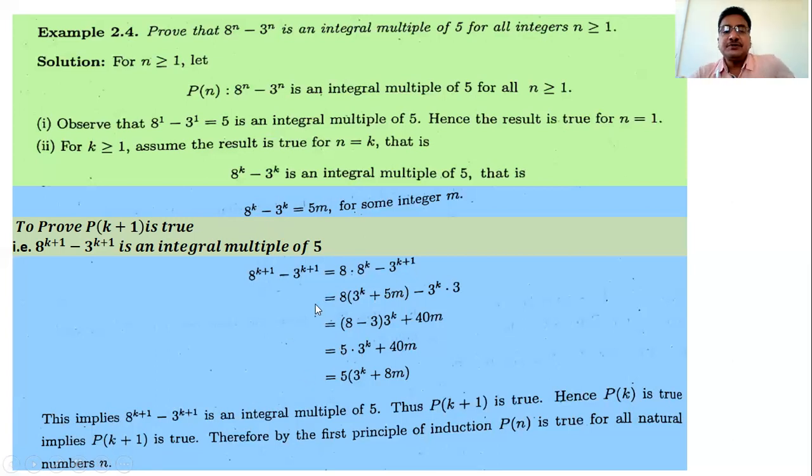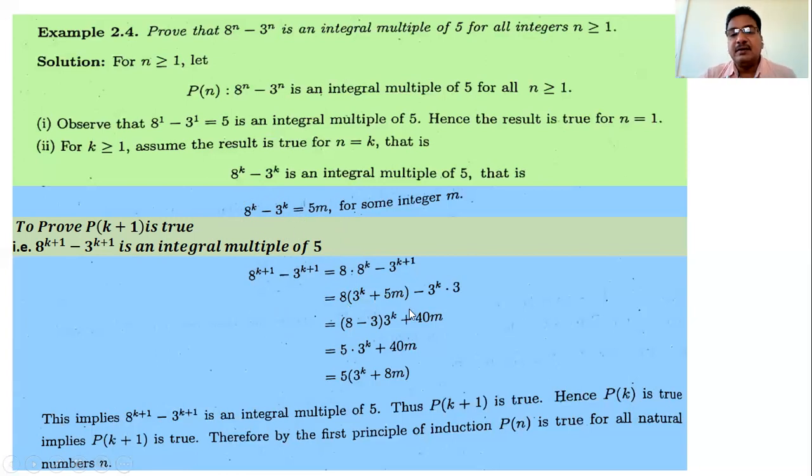Obviously, in this proof, in the second step, if I have to show the result is true for k plus 1, obviously use the induction hypothesis. Otherwise, the proof is not completed. In order to prove the result is true for k plus 1, use the induction hypothesis in some step.